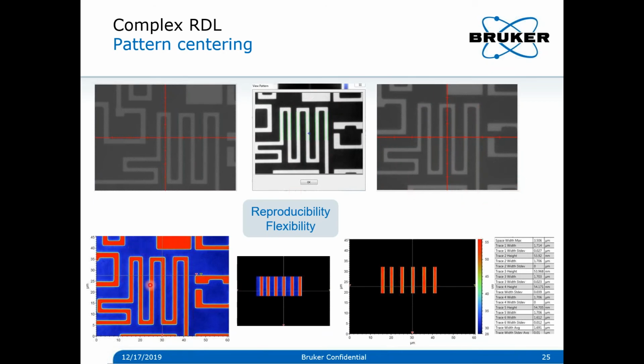In that case, even the serpentine can be properly masked in order to get exactly the same pattern of fingers, and we can use the previously explained analysis for traces and get the top, bottom, width, CD, space CD, or height in one go. And irrespective of whether you have a bit of offset along the 300 millimeter wafer, the system will compensate for the offset and get it back.